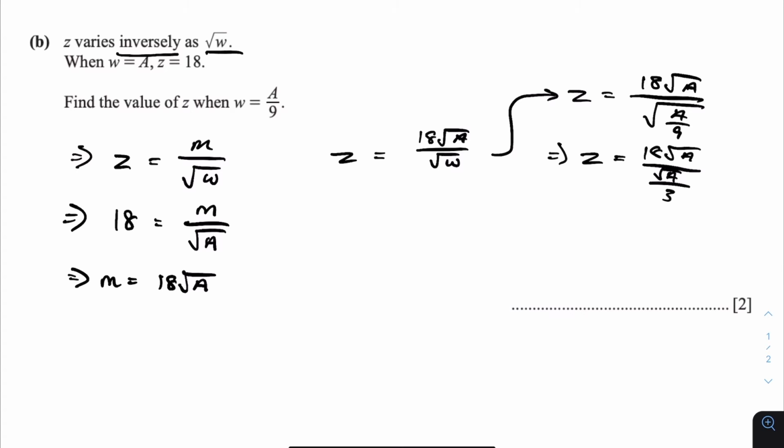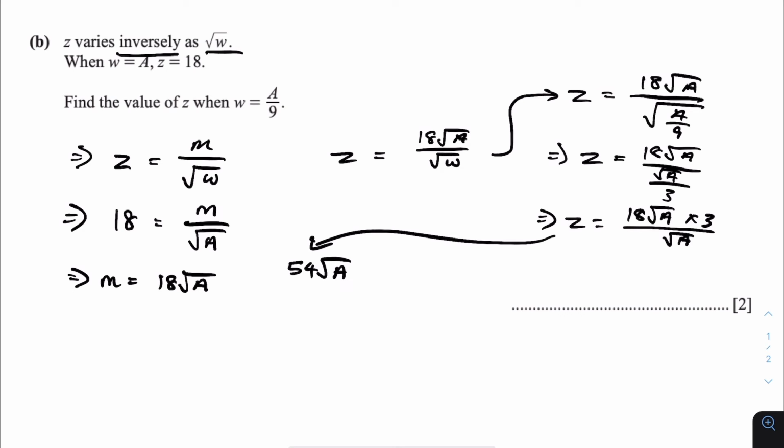We can evaluate this now to get 18 root a times 3 over root a, due to the rule for division of a fraction. 18 times 3 is 54, so 54 root a over root a. And how convenient, we can just cancel out the root a to get 54. So z equals 54, and that's our final answer.